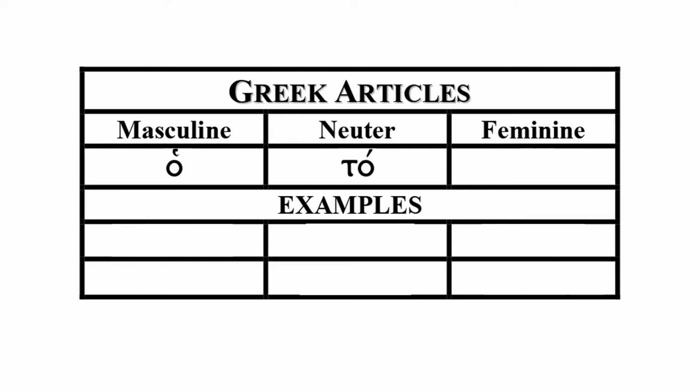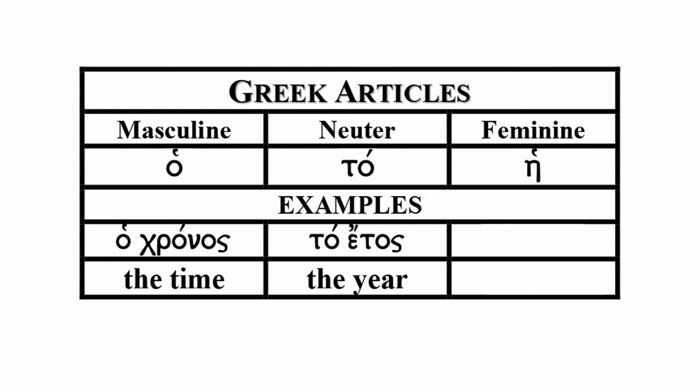Then the neuter article is to, and the feminine would be he. And again, it has a rough breathing mark over the eta, so it's pronounced he. Masculine example would be ho chronos, meaning the time, to etos, meaning the year, and the feminine example would be he hemera, meaning the day.